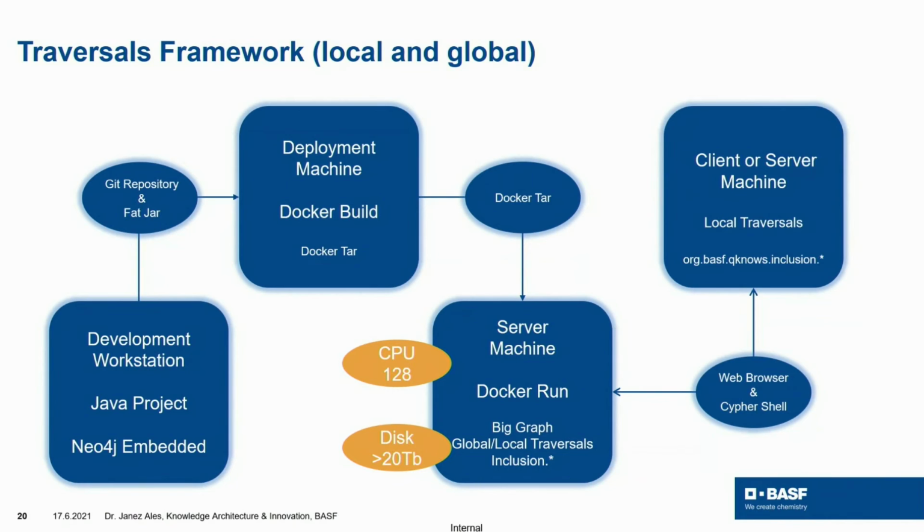Now, as a basis of a BASF knowledge graph, this graph is a pretty good candidate. However, to actually achieve the realization of an enterprise graph, one needs a top-down approval.